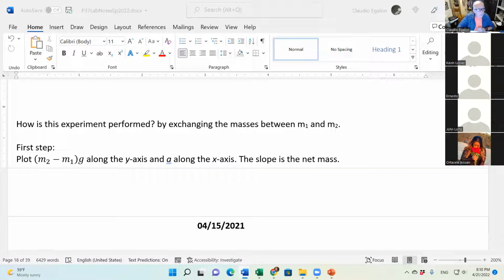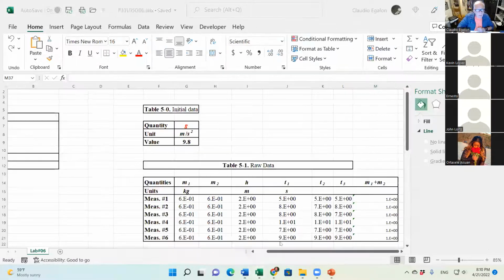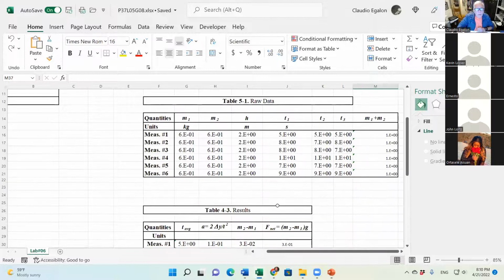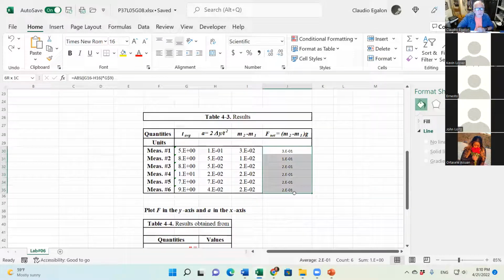Oh, okay, you plot this column and this column, the net force against the acceleration. Is that what you asked? Measurement 1 to measurement 6 on those 2 columns, correct? Yes. Okay, 1 through 6. Net force against acceleration. Okay, thank you.